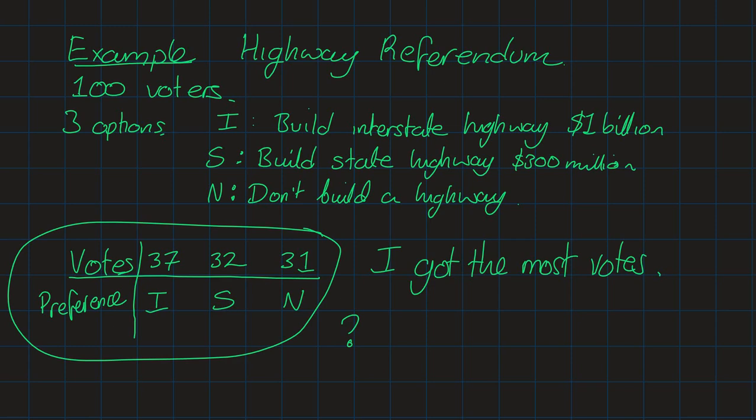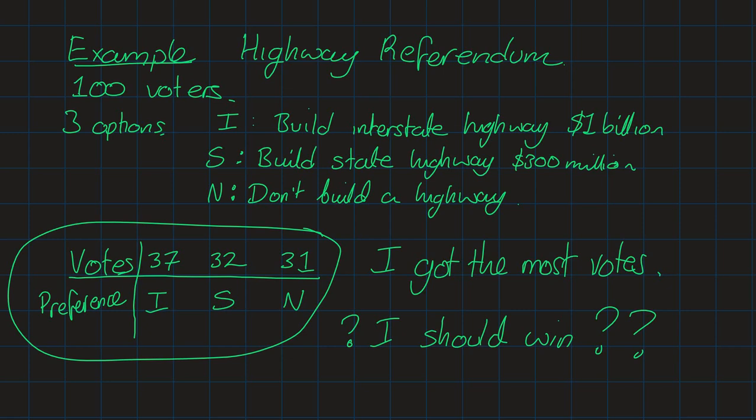You want to best represent the desires of your electorate. You have 100 voters, this is how they voted. Most of them voted for I, so maybe I is the best thing to do. Maybe I should win. And that's a perfectly reasonable thing to think.